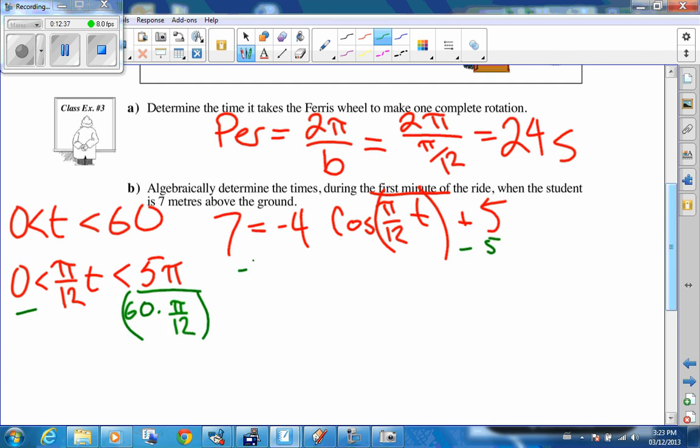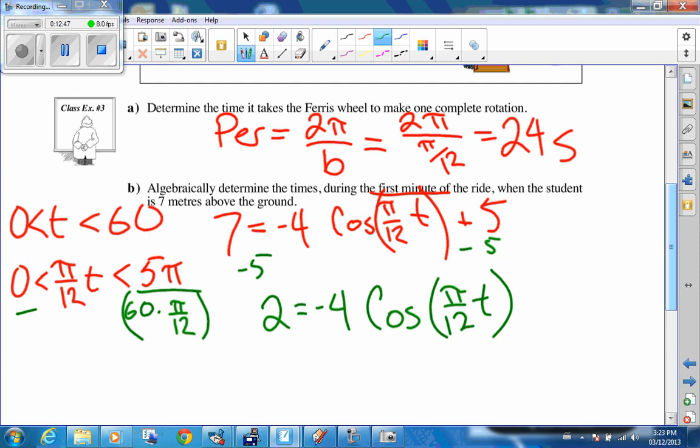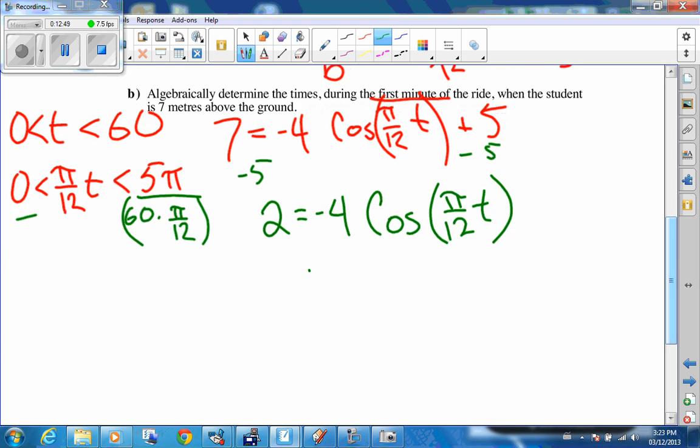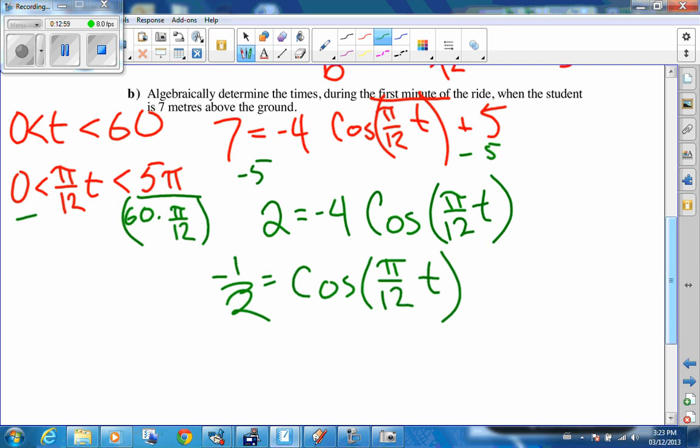Subtract 5, so I get 2 equals -4 cosine of pi twelfths t. Divide by -4, so I get -1/2 equals cos of pi twelfths t.